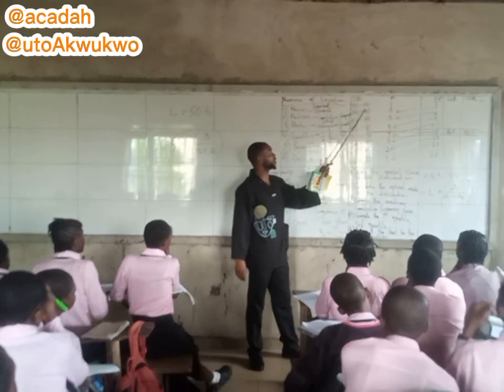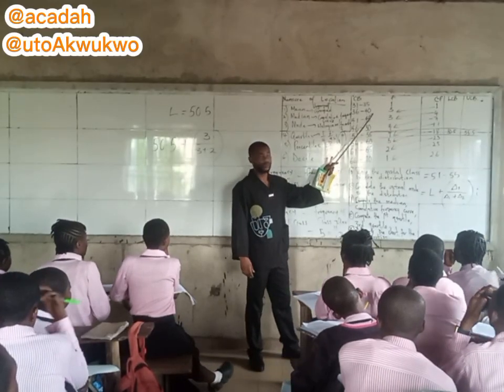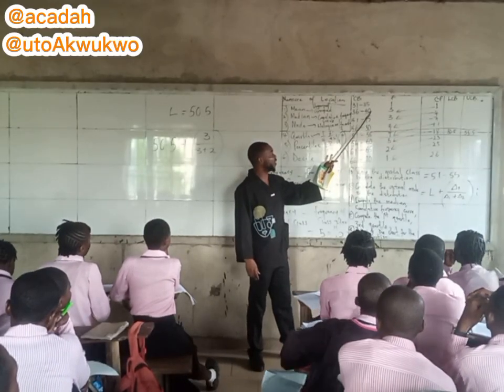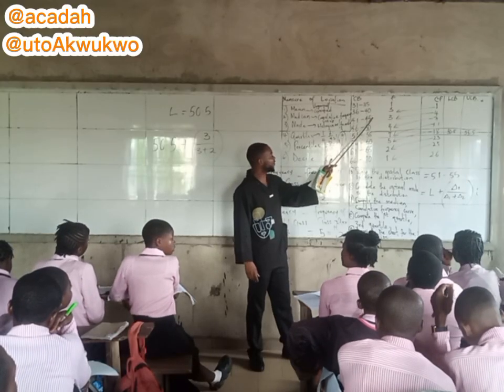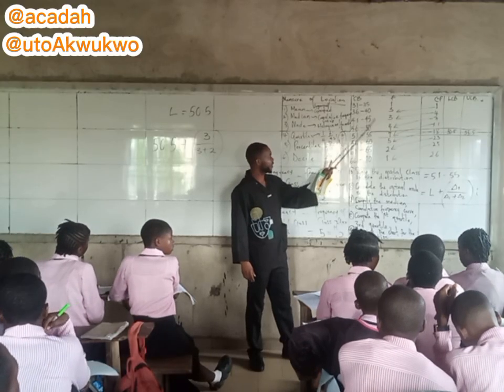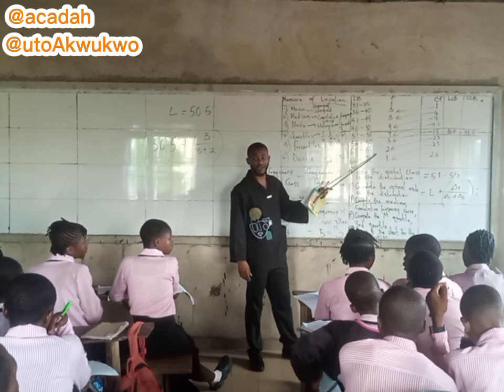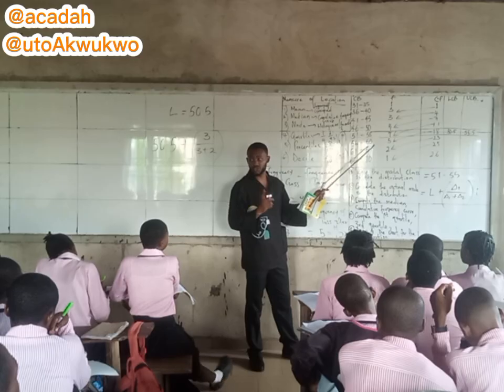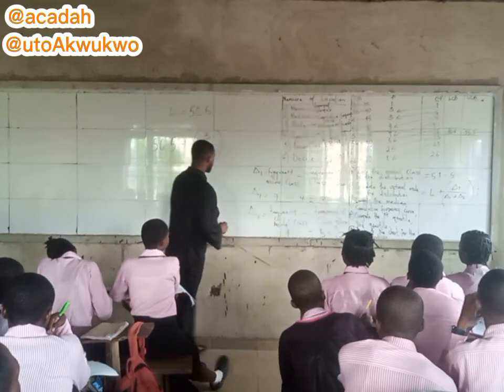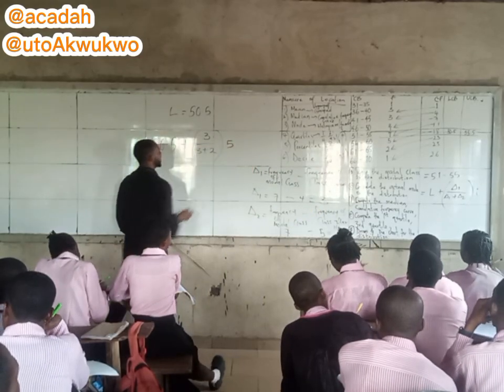It is the difference between two successive classes. So this is going to be 40 minus 35, which is 5. And 45 minus 40 is still 5. Even if you come here, 70 minus 65 is still 5. So class interval is simply the difference between two successive classes, which means the class interval is 5.